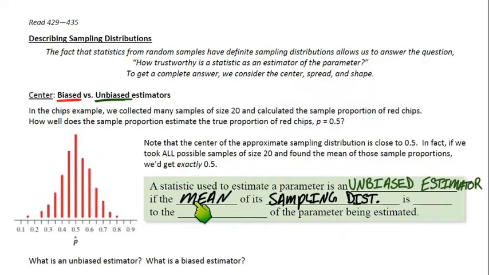If the mean of the sampling distribution, it says close to 0.5 here, the mean would be about 0.5 for this distribution, is actually equal to the true value of the parameter being estimated, which in this case, the true proportion of red chips was 0.5, and our sampling distribution, right, hands-on, all those samples, ends up being centered at 0.5. So we can say that P hat was an unbiased estimator of the true proportion of red chips.